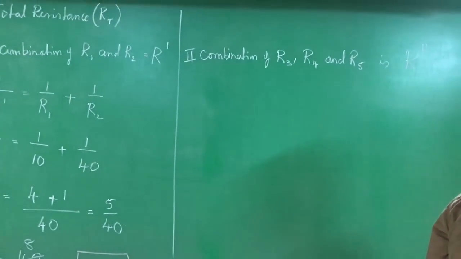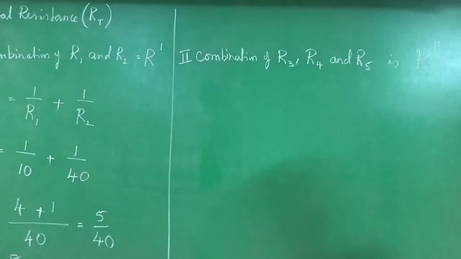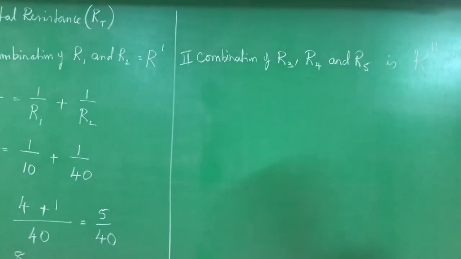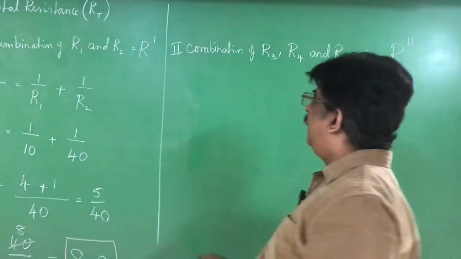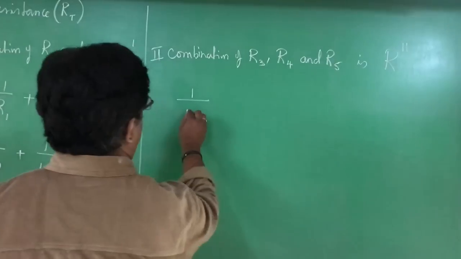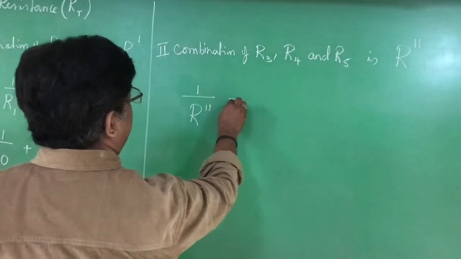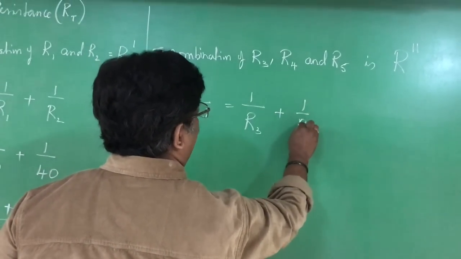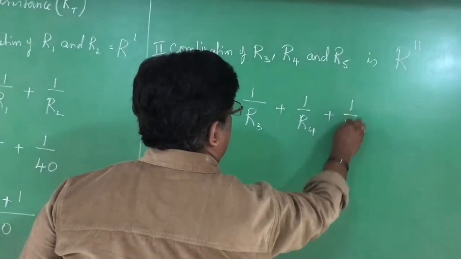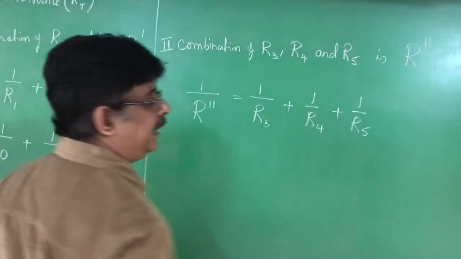Second combination as R double dash, first combination as R dash. Right. All the three are connected in parallel. Therefore, 1 by R double dash is equal to 1 by R3 plus 1 by R4 plus 1 by R5.